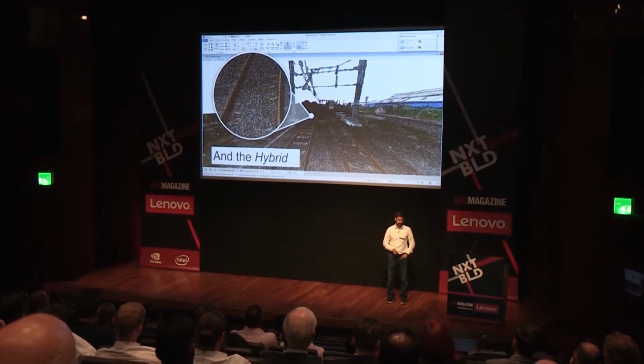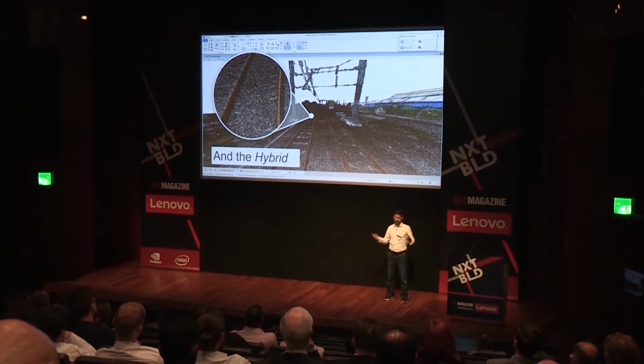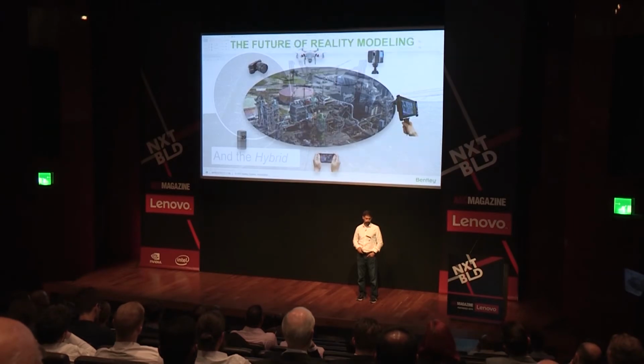And what we can do now is combine the two with a hybrid engine, which looks at both of them and gets the best from both. Tightens up the geometry that we get with photogrammetry and takes the accuracy that we get from laser scanning and puts it together.